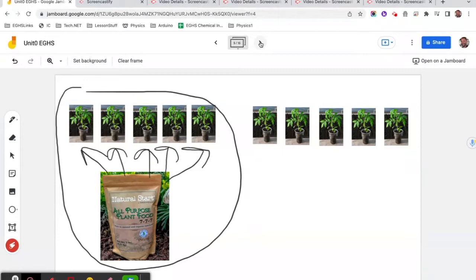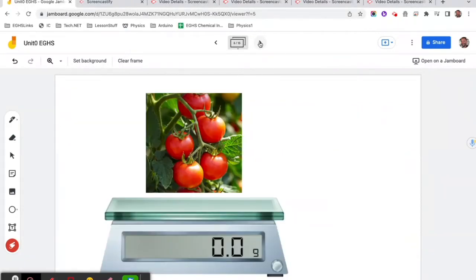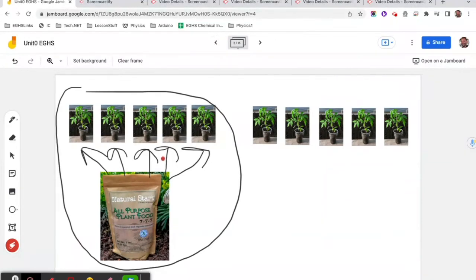At the end of this experiment, what I'm trying to measure is this: when those tomatoes become ripe, I'm going to mass them on a scale and get their mass in grams. Again, I have 10 plants, 5 are going to get plant food, fertilizer, 5 are not.